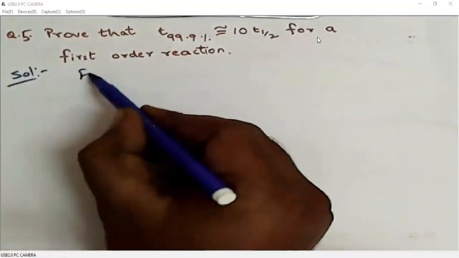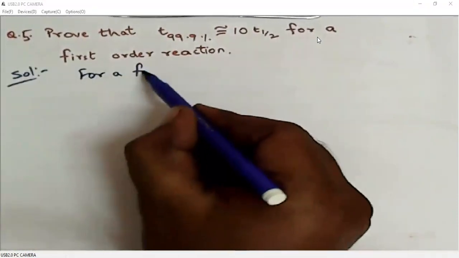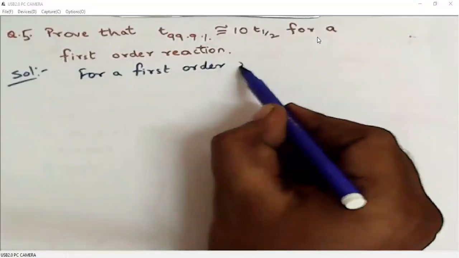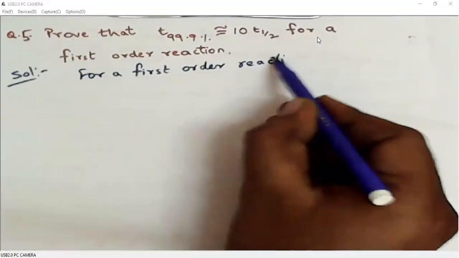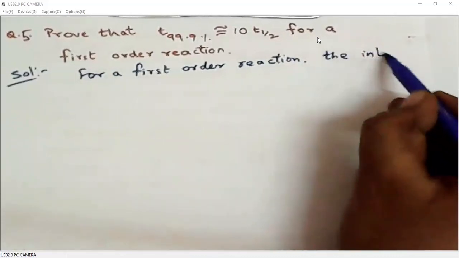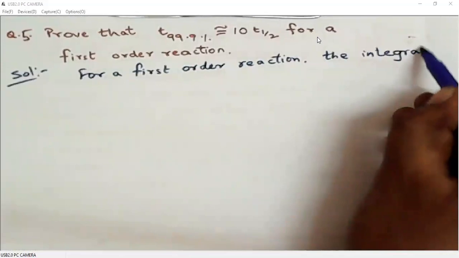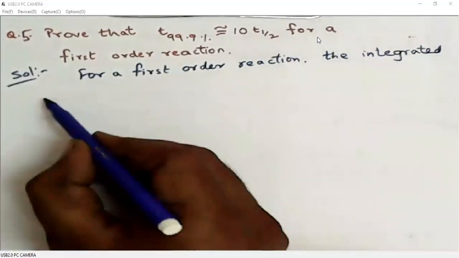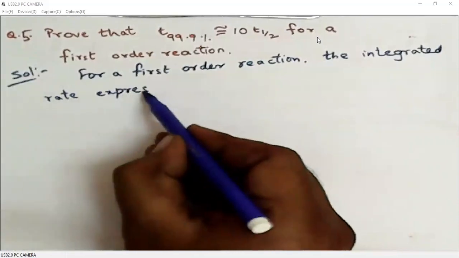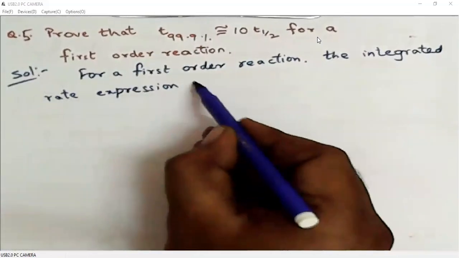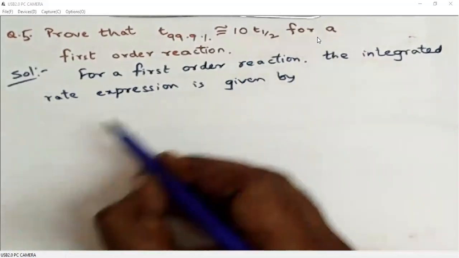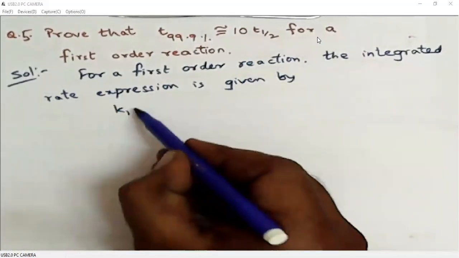For a first order reaction, the integrated rate expression is given by K1 is equal to 2.303 by T into logarithm of A by A minus X.